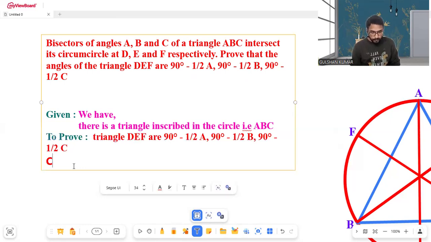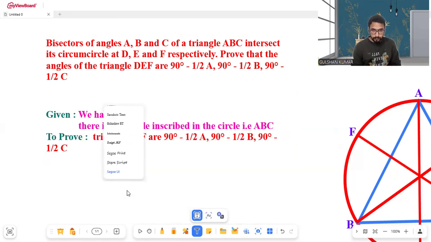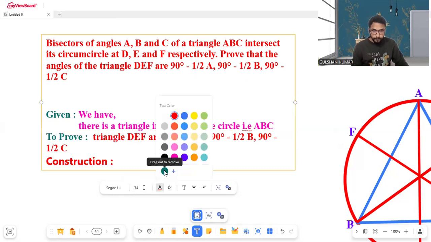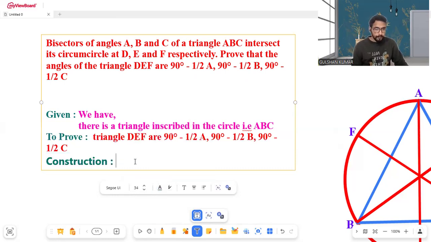First of all, we are doing a construction in our whole diagram so that we can easily approach and solve this question.